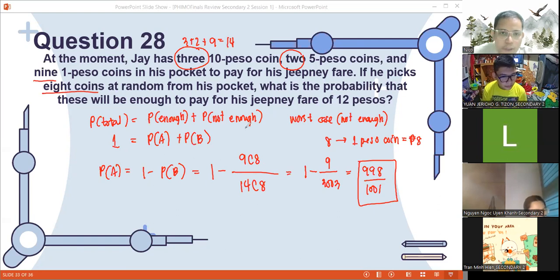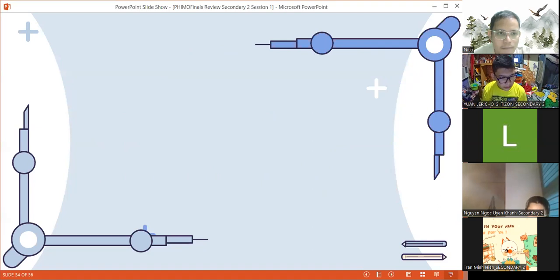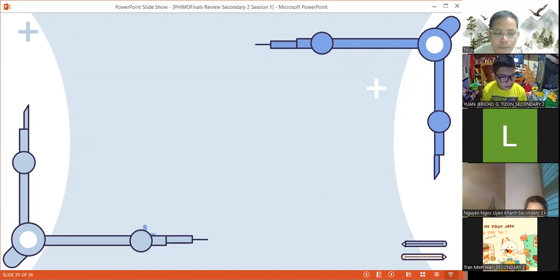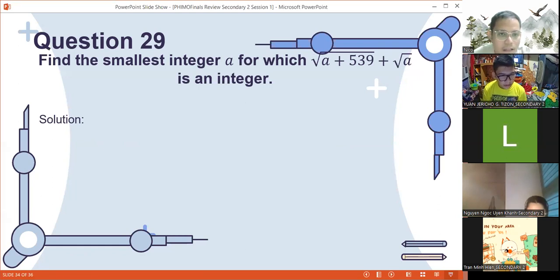Okay, let's have number 29. Find the smallest integer a for which the square root of a plus 539 plus the square root of a is an integer. Say, for example, we want this to be an integer.